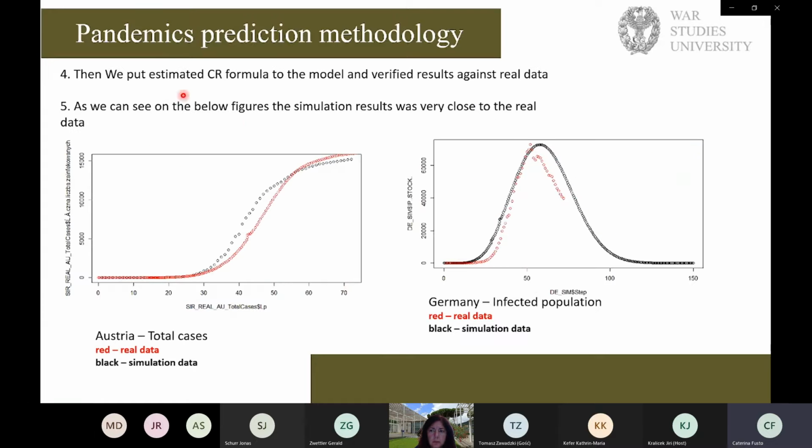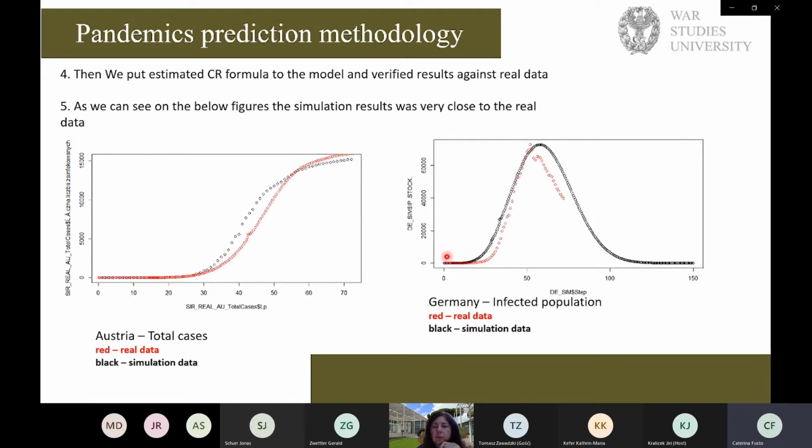In the next step, we put the estimated contact rate formula into the model and verified results against real data. As we can see in those figures, the simulation results were very close to the real data. For example, if we compare simulation results, which are black points, against real data, which are red points, for Austria, for the total number of cases, we can see that these results are very similar.